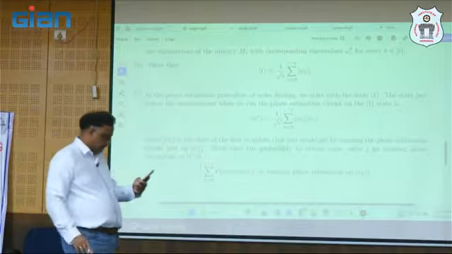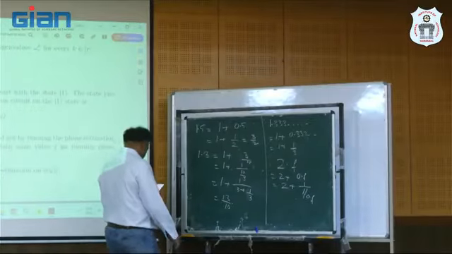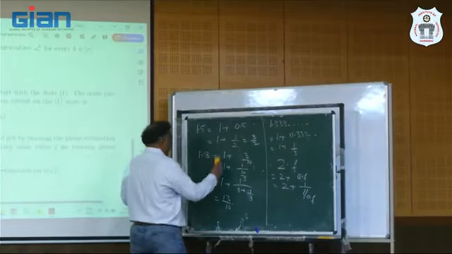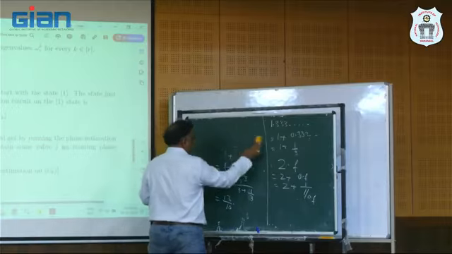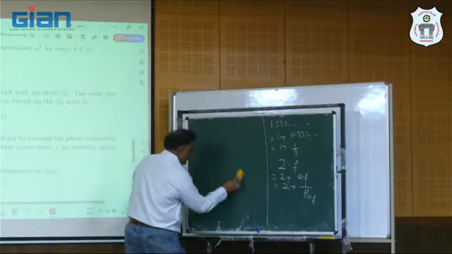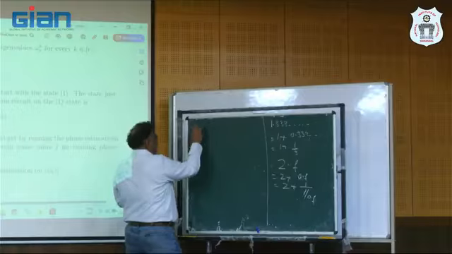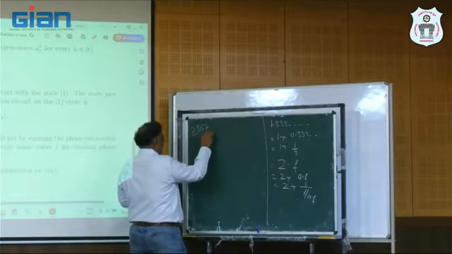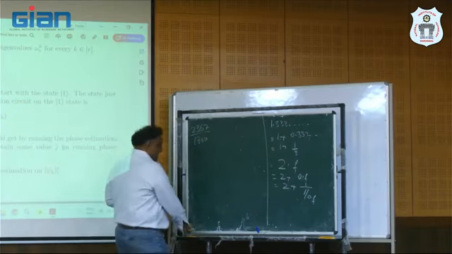Okay, let me try to write this. 2367 divided by 1700, okay?